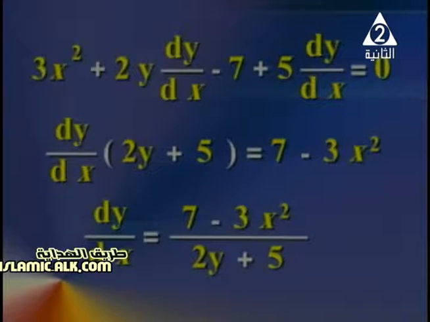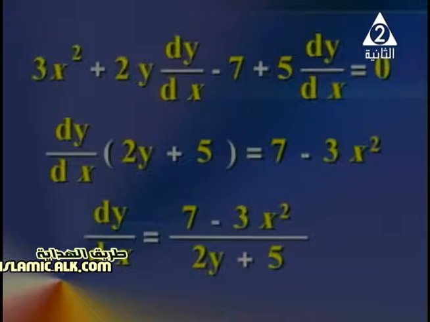Look at, dear student, we take dy over dx as highest common factor. When we find dy over dx, what do you deduce? We write dy over dx multiplied by bracket 2y plus 5 on the left hand side, and on the right hand side 7 minus 3x squared.